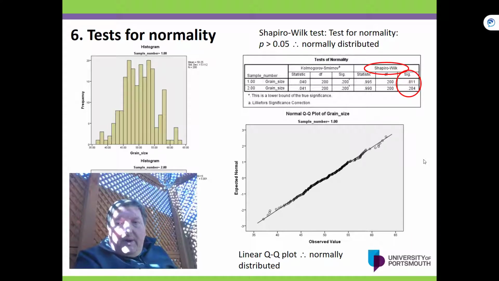So the safest way is to do this Shapiro-Wilk test, which has a cutoff at 0.05, and that gives you a definitive answer. Even if your normality plots look a little bit wonky in places, you can just look at the Shapiro-Wilk test and it will give you your p-value, and you can instantly say whether it's normally distributed or not.